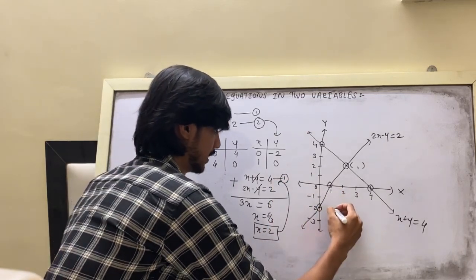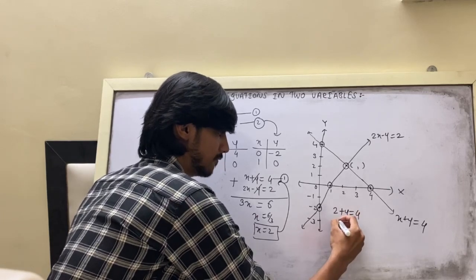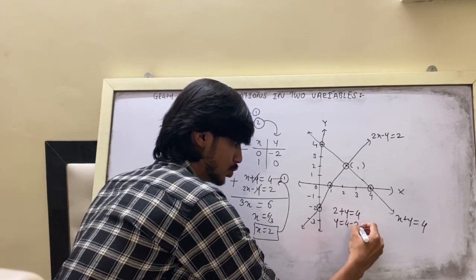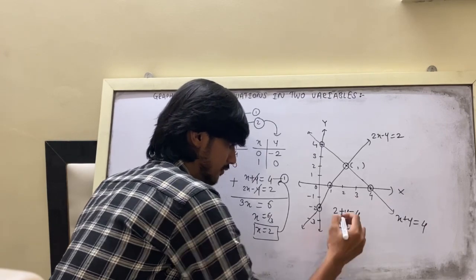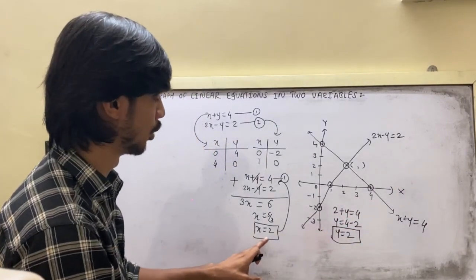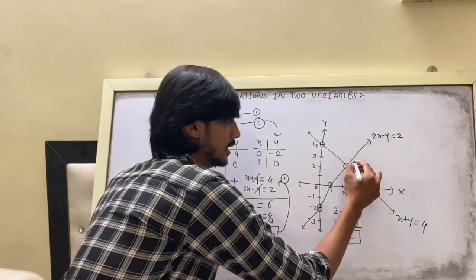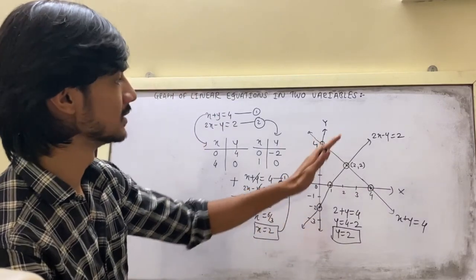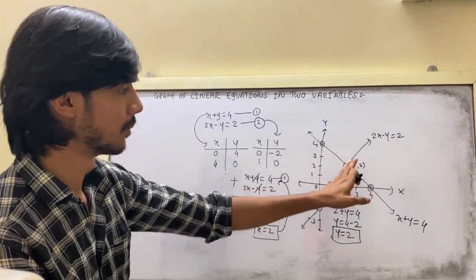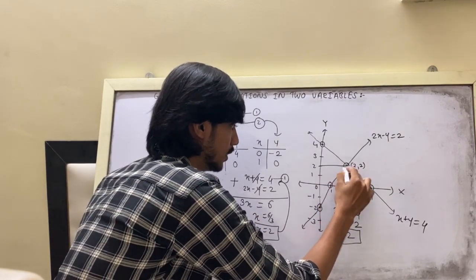Then we get 2 plus y is equal to 4, so y is equal to 4 minus 2, so y is equal to 2. Then we get the point x, y as 2 comma 2. The point of intersection between the two lines is 2 comma 2. Then this is our 2 comma 2, right?